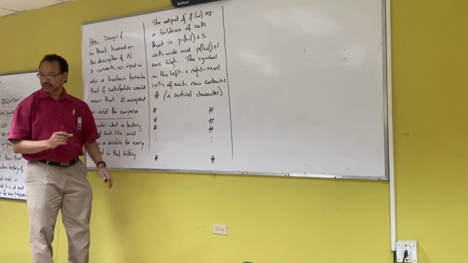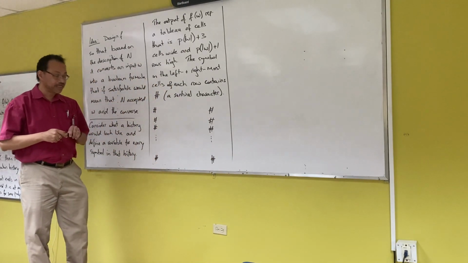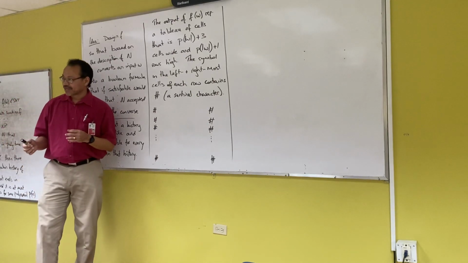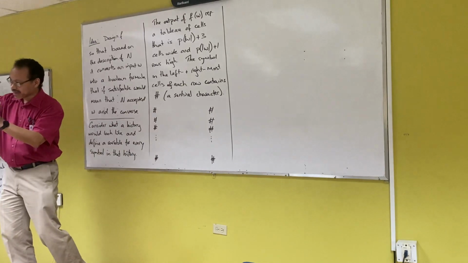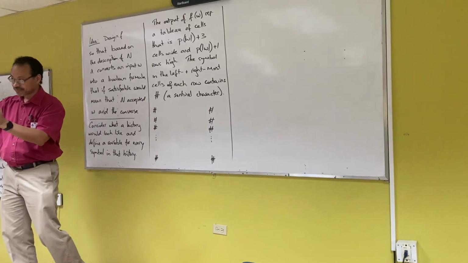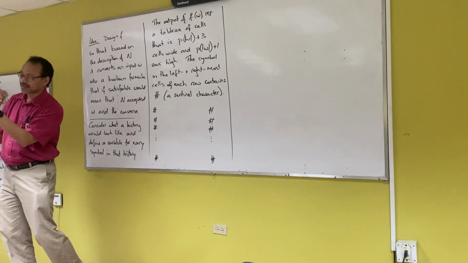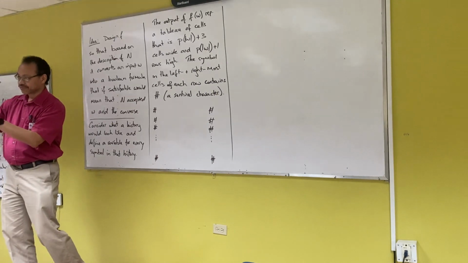And what's written in each row is a configuration. Now the initial configuration, of course, if it's a valid configuration to start, would have to be the start state followed by the input on the tape. So the initial configuration always looks like start state followed by W, right?